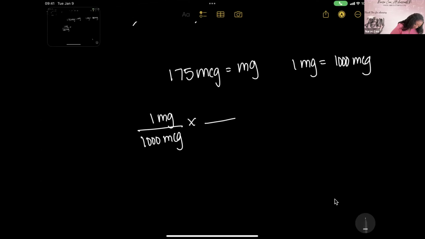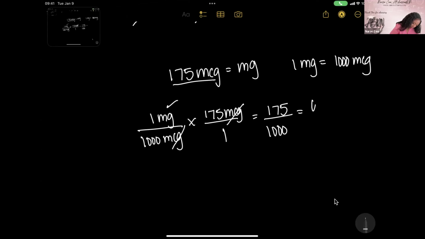I got micrograms at the bottom, so I'll put micrograms at the top. 175 micrograms over 1 crosses out, and then you have milligrams, which is what you're looking for. So you do 175 divided by 1,000, and that's going to be 0.175 milligrams.